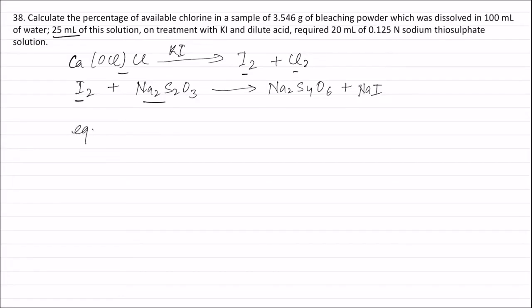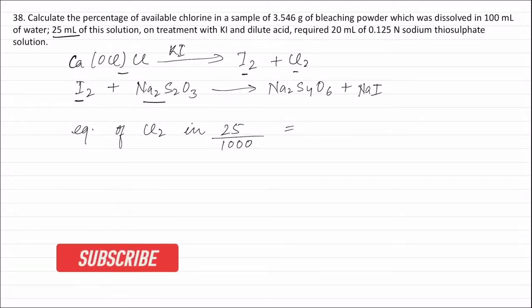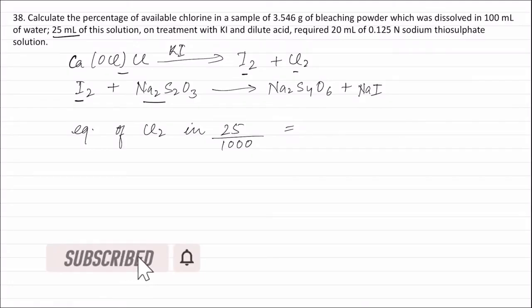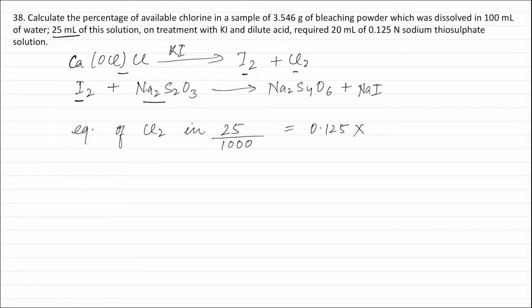Now equivalence of chlorine in 25 by 1000 liters of solution is equal to equivalence of sodium thiosulfate. Equivalence of sodium thiosulfate will be equal to normality of sodium thiosulfate, that is 0.125 N, into volume of sodium thiosulfate in liters, that is 20 divided by 1000 liters.